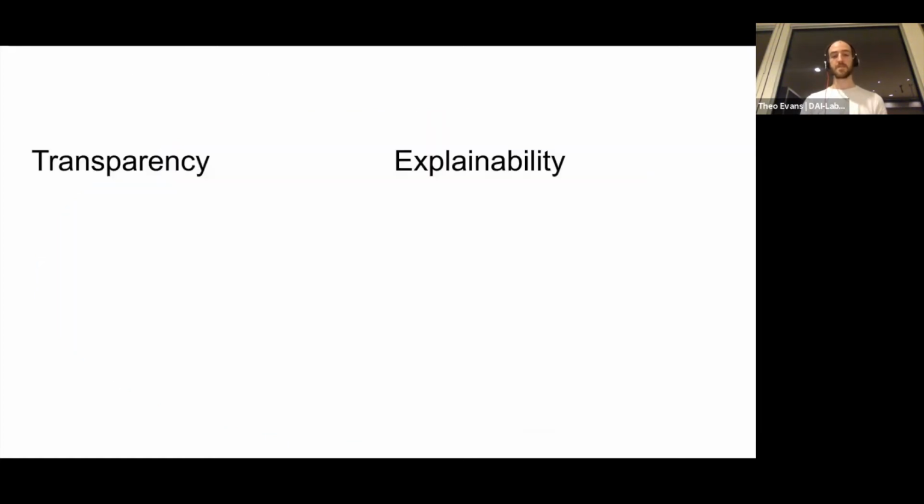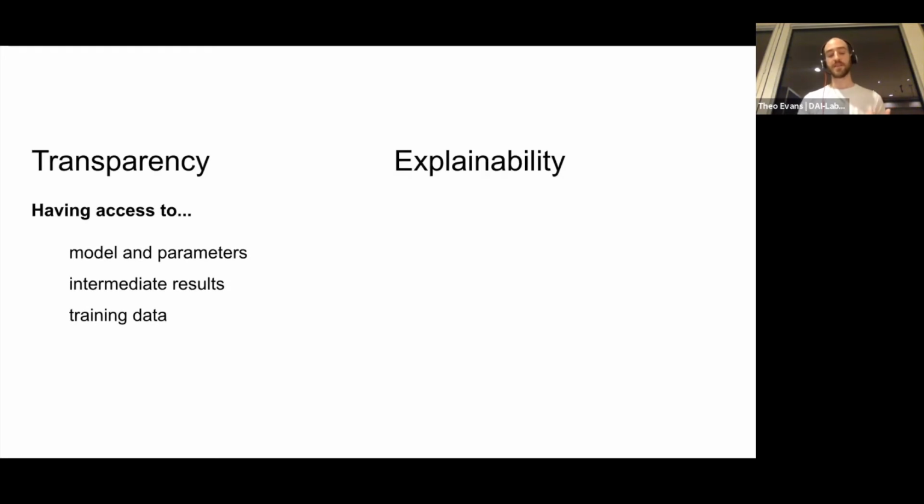So you can think of transparency as having access to the machine learning models we're using as part of our AI solutions for pathology or for healthcare in general, having access to the parameters, the weights of those models, whatever intermediate results they might produce, and the data that's used to train them.